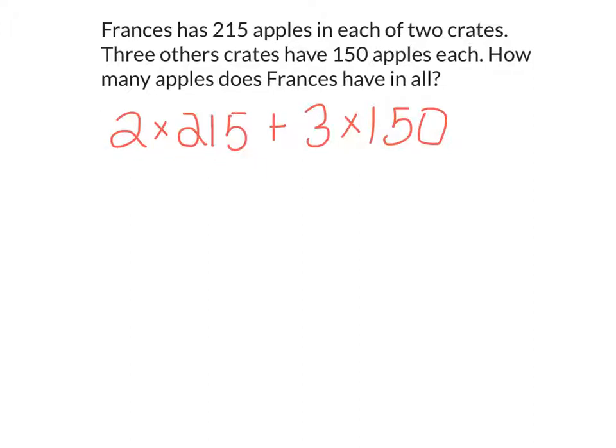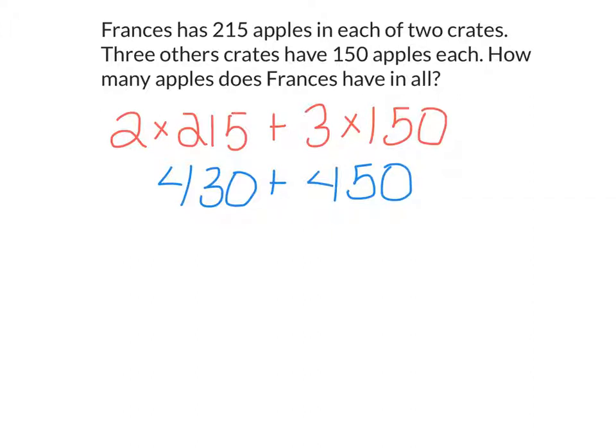That would give us 430. Now we bring our addition sign down. Then we need to take a look here at 3 times 150. That equals 450.